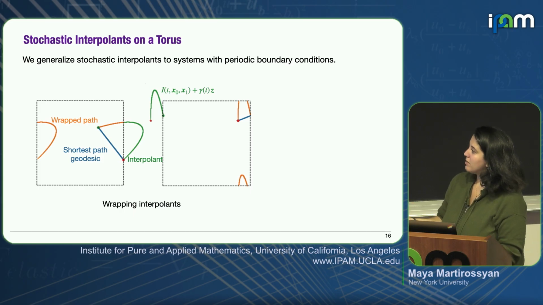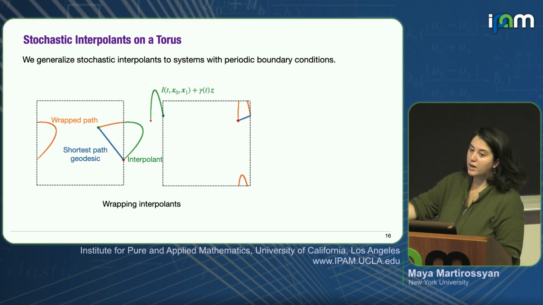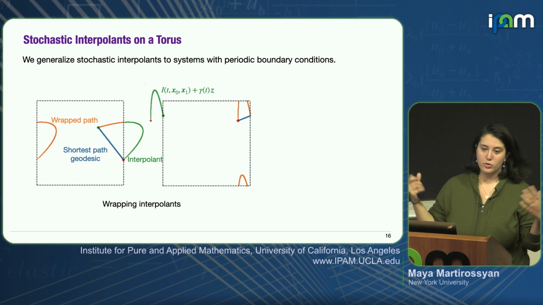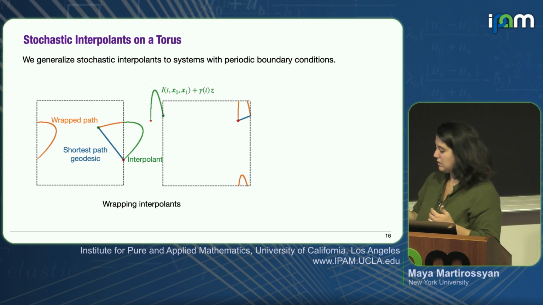We figure out the geodesic, this blue line, but we want to use a different interpolant, not the linear one. It's actually going to be this path right here, but because this goes out of the box, we take it and bridge it back in. So this is just trying to show you how we handle the periodic boundary conditions.